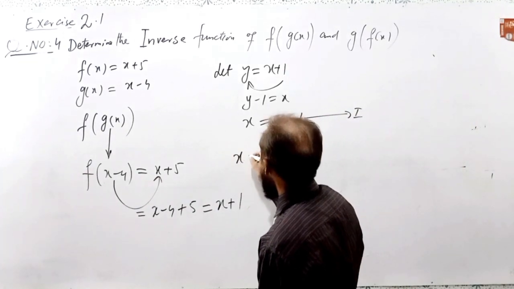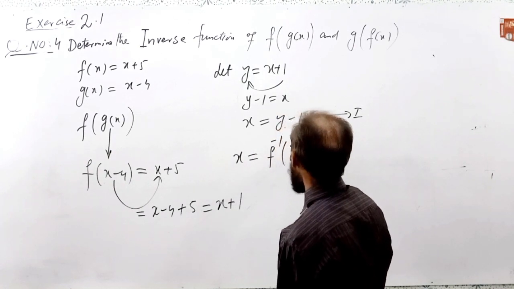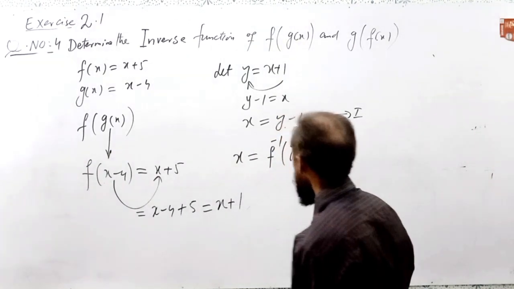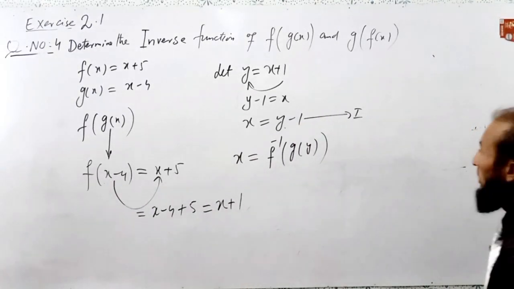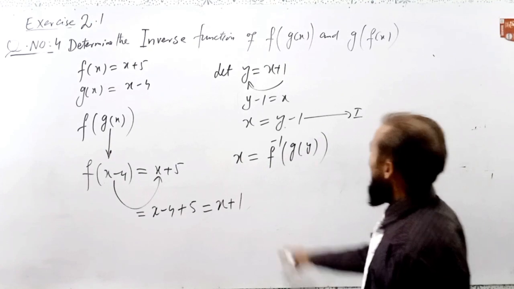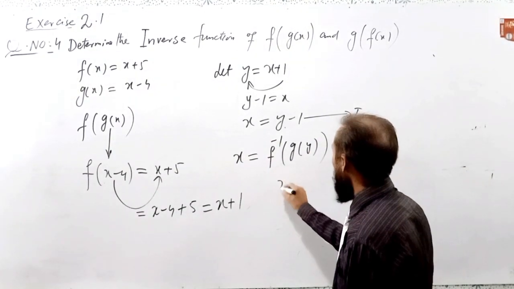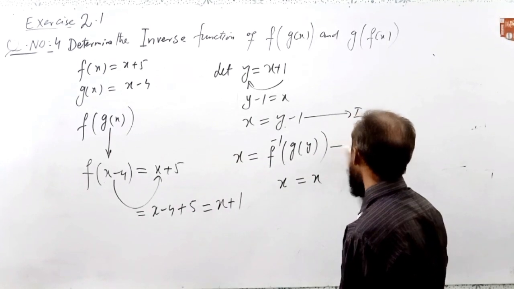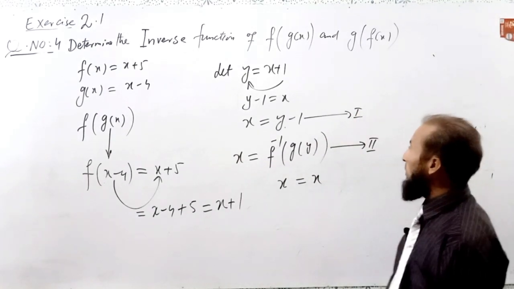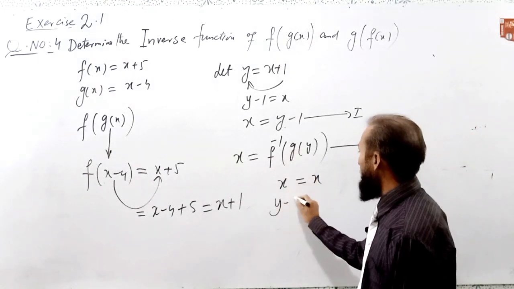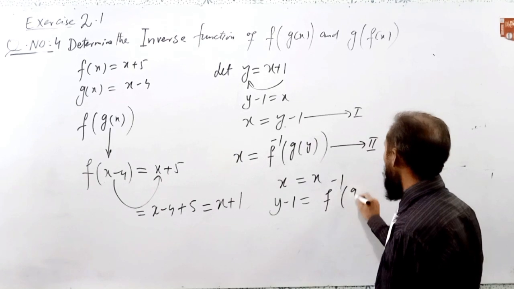It means that here x is equal to f inverse g of y. Now it means that both results are equal. So we can write x is equal to x. Equation number first and second, if we compare both results are equal, means that y minus 1 is equal to f inverse g of y.